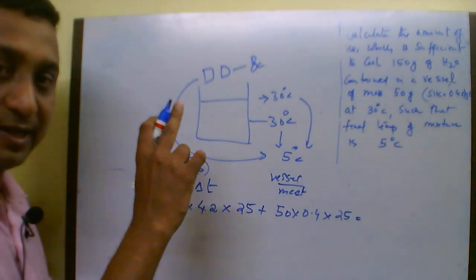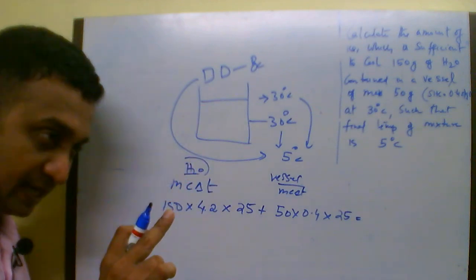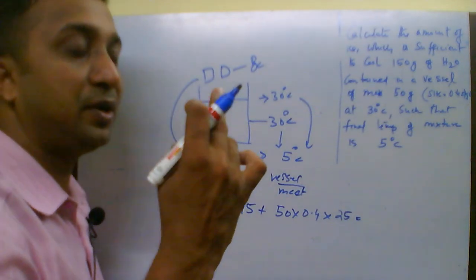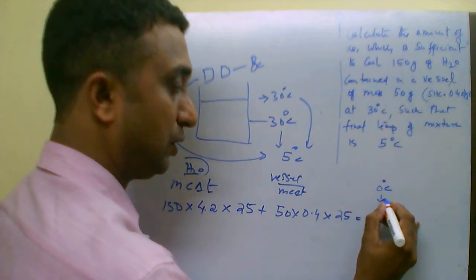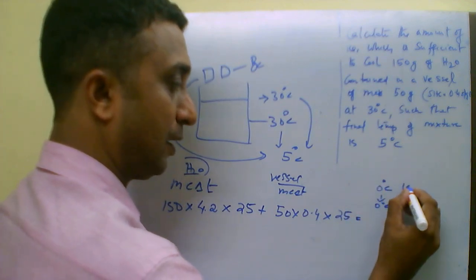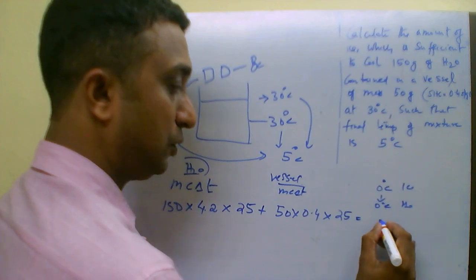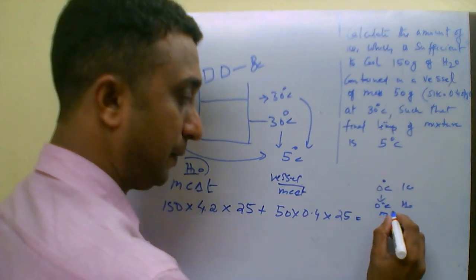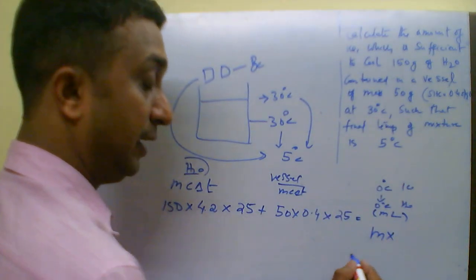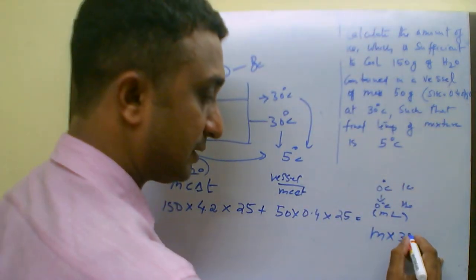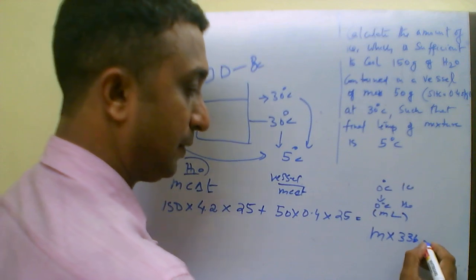Ice. Ice absorbs heat to change its state from ice at 0 degrees Celsius to water at 0 degrees Celsius. So which equation? Ice to water, so you have to use the ml equation, m into L. The mass is not known. Latent heat is 336 joules per gram.